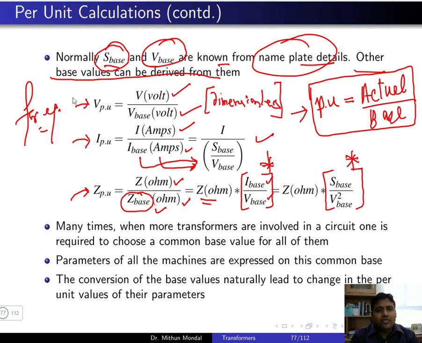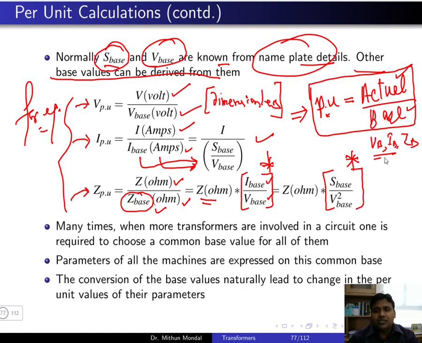So all the quantities whatever we have obtained here, the voltage, current and the impedance in per unit system, you can see that the per unit system is the actual quantity by the base quantity. So the base quantity we can take for the voltage base, current base and the impedance base.